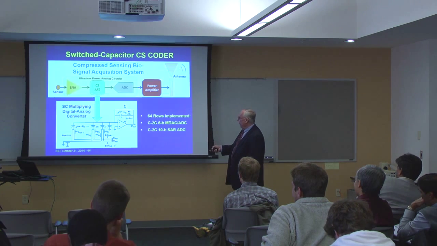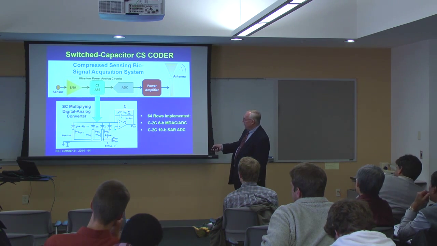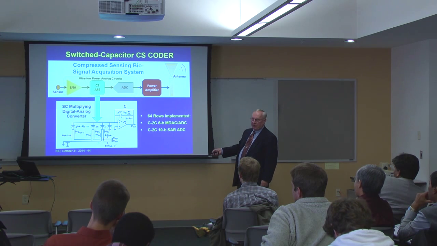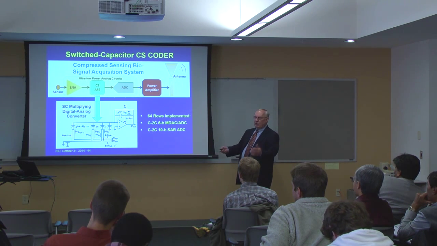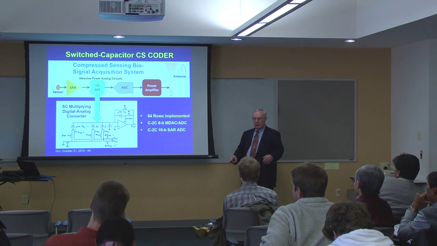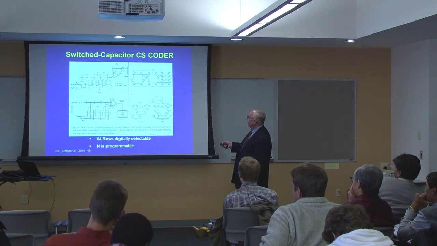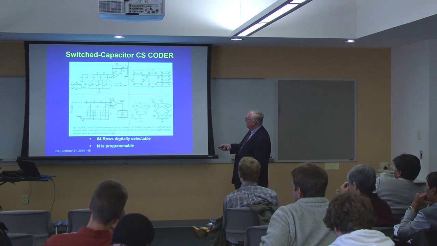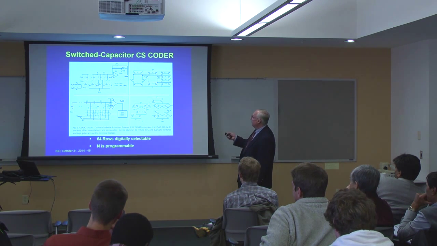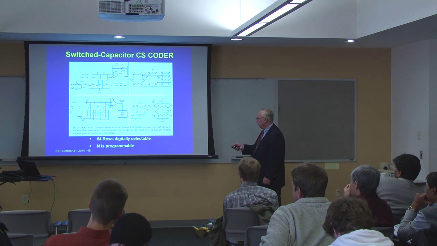But in the previous case, you have 2 to the n capacitors here. So if you have 2 to the n versus 2, you save 2 to the n minus 1 power in charging up that much smaller capacitance. So for power reasons, we implemented these using C2C structures in the MDAC and C2C structures in the A to D. And these are the amplifier circuits.